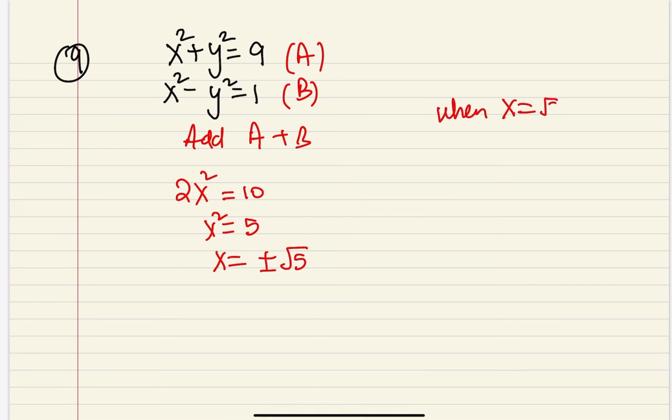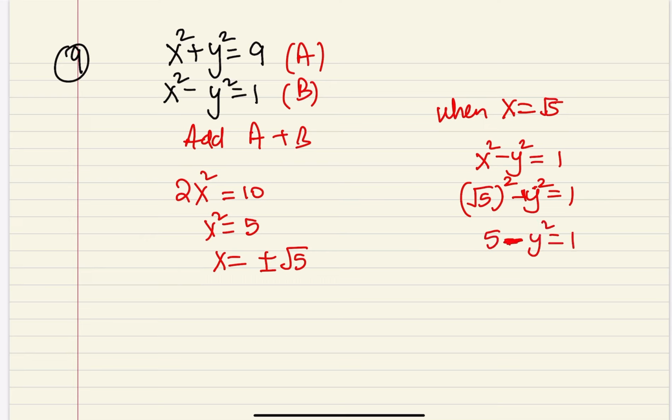When x is positive root 5, what is y going to equal? We can use either equation. I'm going to go ahead and use the first one, x squared plus y squared equals 9. Actually, maybe it's easier to use the second equation with the 1 on the other side. So I'm going to replace x by square root of 5: square root of 5 squared, which is 5, minus y squared equals 1.